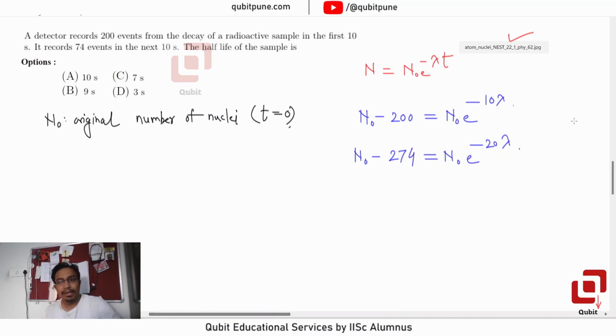Got it? Now this is a mathematical problem because there are two unknowns, n0 and lambda, and we would like to determine lambda because from lambda we can easily obtain the half-life. Now to eliminate n0, what can we do?